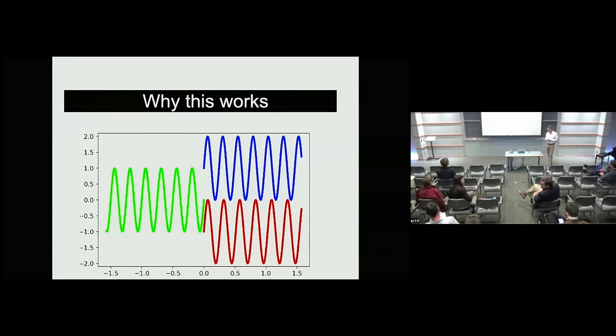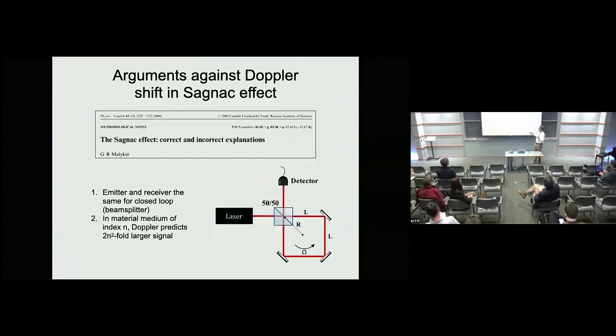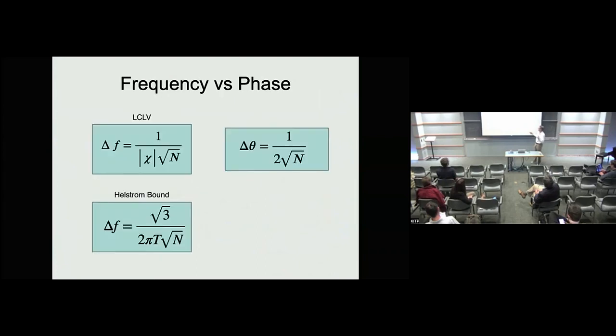And is there some magic in the light valve? I just don't understand what the light valve is. Yeah, it's an excellent question. And the reason why it's such a good question is because of the Helstrom bound.